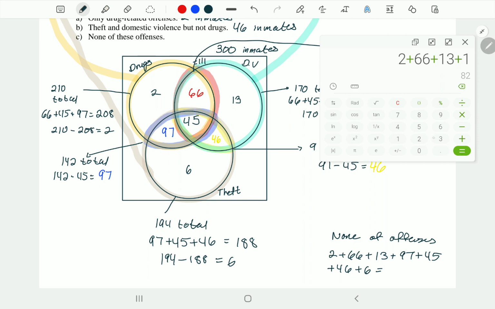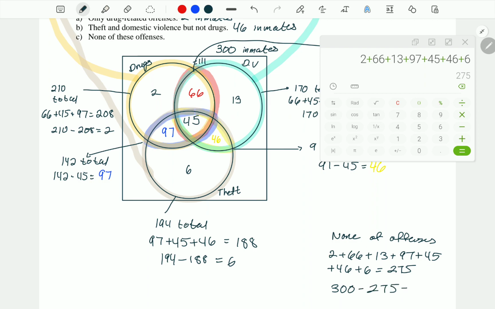And whatever we get, subtract that from 300. That is 275. So 300 minus 275 is 25. 25 have none of those offenses, and that is the answer to letter C.